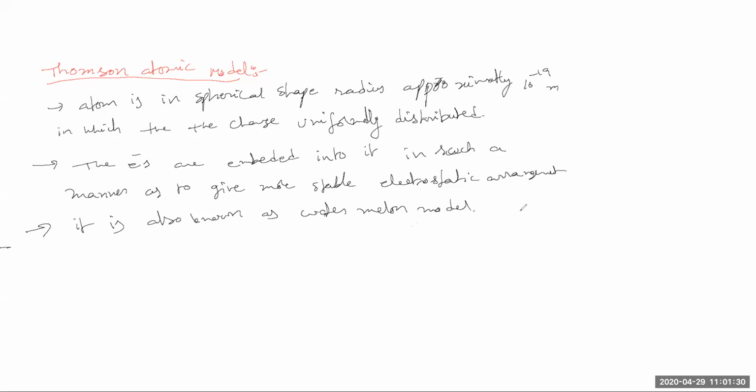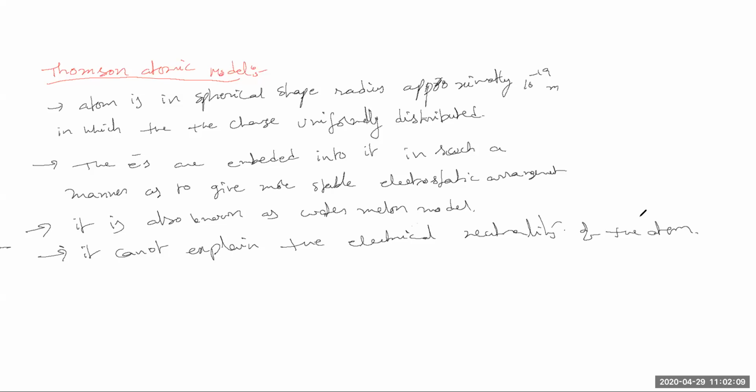You know watermelon. It is a fruit with packed seeds, and inside the seeds are in one arrangement. It is also called the plum pudding model. It cannot explain the electrical neutrality of the atom. Next point. It cannot explain the electrical neutrality of the atom.